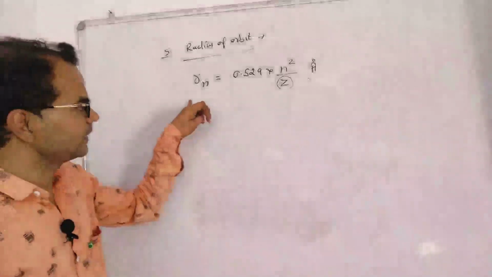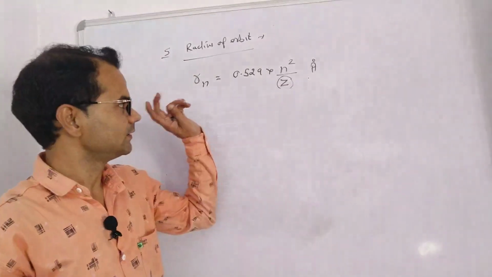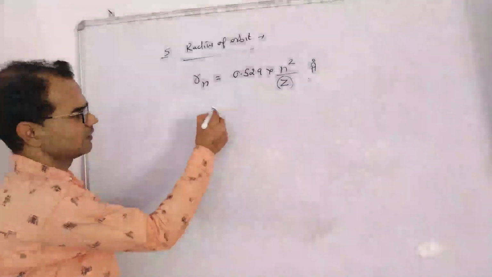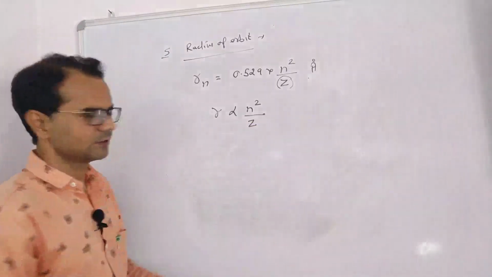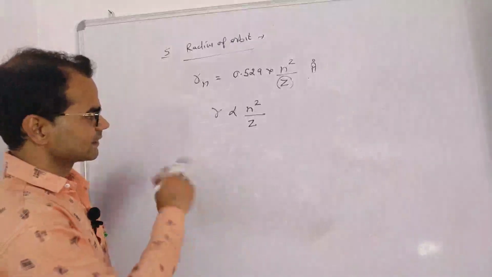We have the formula Rn equal to 0.529 into n square by Z. This 0.529 is a number only, a constant, so we can simply say radius is directly proportional to n square and inversely proportional to Z. Let's create some conditions.